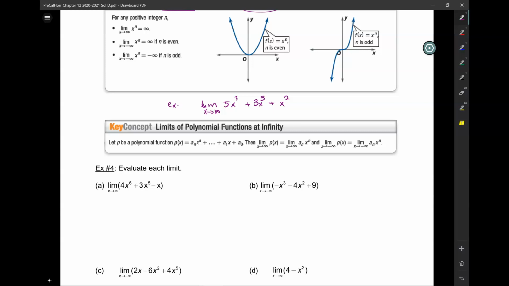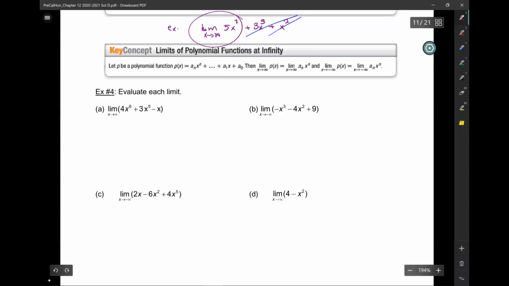Which means when you're evaluating a limit at infinity, these lower exponents are negligible, is what we call them. So the only thing you have to worry about is that highest exponent. Okay? So, take a look here for a minute. You have to evaluate this limit as x approaches infinity.